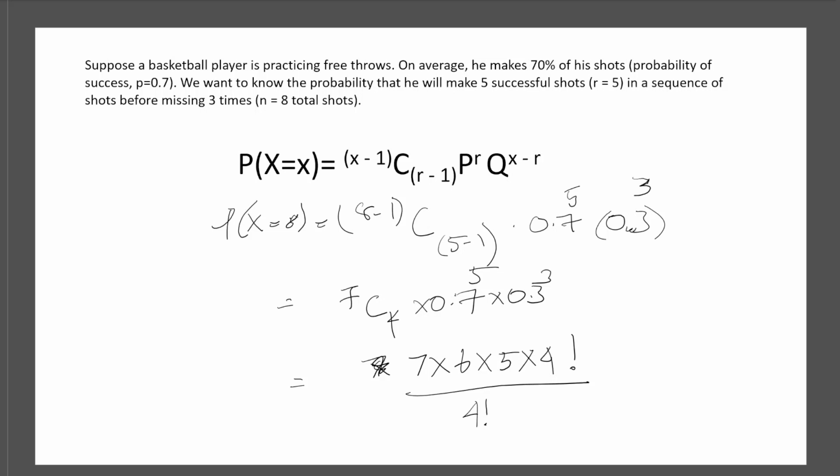Anyway, let's continue. So 7 factorial over 3 factorial into 4 factorial, minus this. Here we can cancel 3 into 6, so this is 35 only.